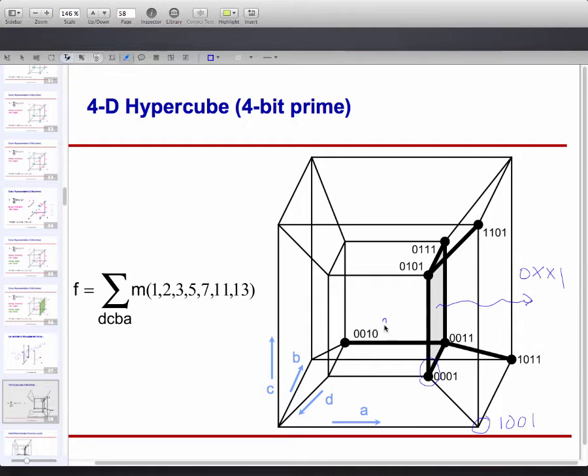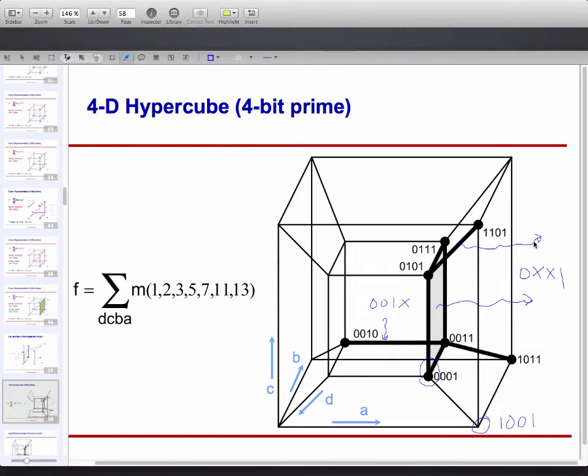What about this edge? We have to take that edge because otherwise we will not be able to include this minterm. So what would that be? 0, 0, 1, X. Then I have to include this edge because that's the only way I can include this minterm at the top.